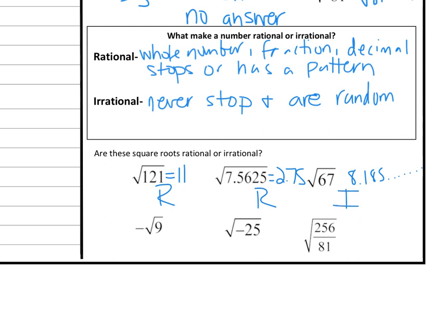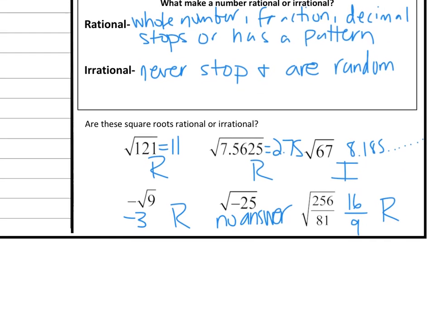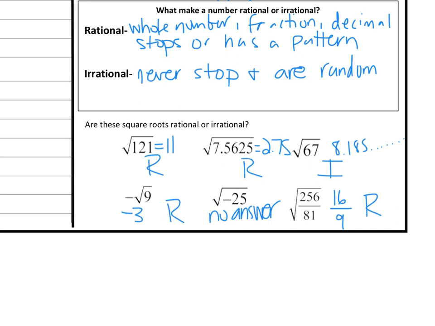Negative square root of 9 is negative 3, a whole number, just a negative, that's okay, still rational. The square root of negative 25, that was an error. That didn't even have an answer. So we can't even say if it's rational or irrational. I'll just say no answer again. And our last one turned out to be a fraction, 16 on top and 9 on bottom. So a fraction is okay, still a rational number. So we talked about these like the first week of school, and we are reviewing them again today.